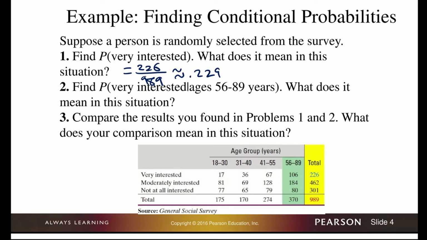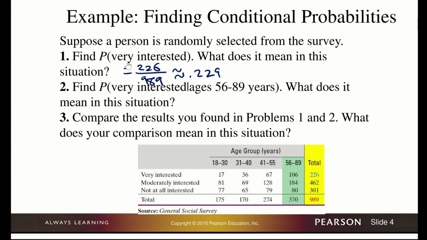Now let's take a look at the probability of very interested given that one of these individuals has already been selected from this age group. This is the really important key thing to understand when it comes to conditional probability. When you place a condition on the probability of an event occurring, you're changing the sample space of that event.